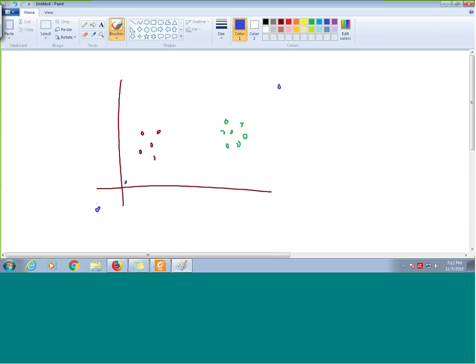If I say give me two clusters, what would you do? You would find some boundary and say this is one cluster, and you find another boundary and say this is cluster number 2.